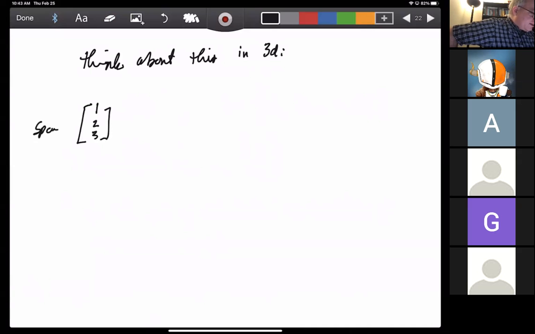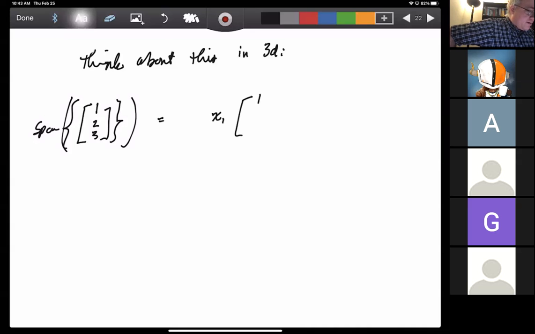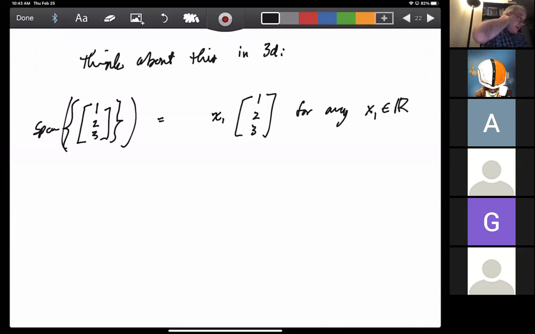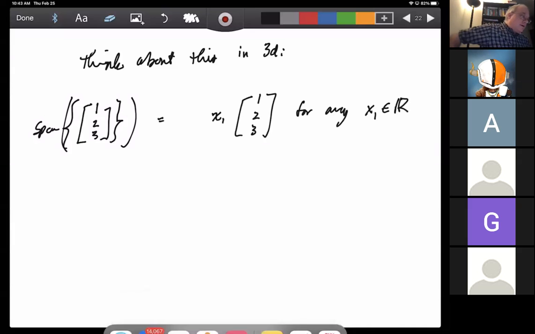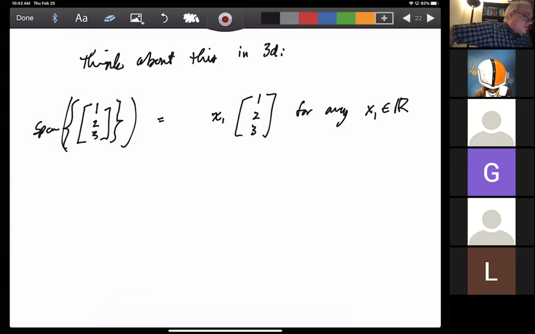The span of that set of vectors is equal to, for any real number x1, I take multiples of that basic vector.